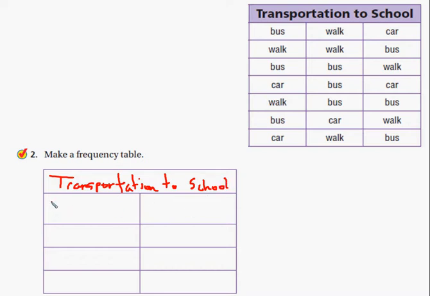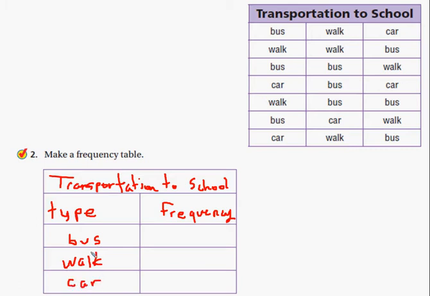One of them is going to be type, and the other one is going to be frequency. Now, what are the types of transportation? Well, we have bus. You can take the bus, and then we could walk, or you could take a car.